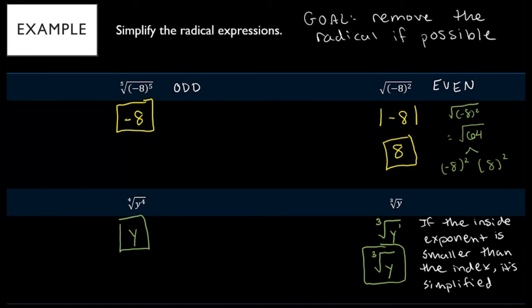So just a little general rule there, because I get questions where people ask, how do I know when I'm done? If it was y squared, that would be another thing. 2 is smaller than 3. We can't simplify that. Now, if it's 4, we can. And again, that's a rule that we're not going to get to in this session, but there is a way to do it. But if it's smaller than, it's already simplified.